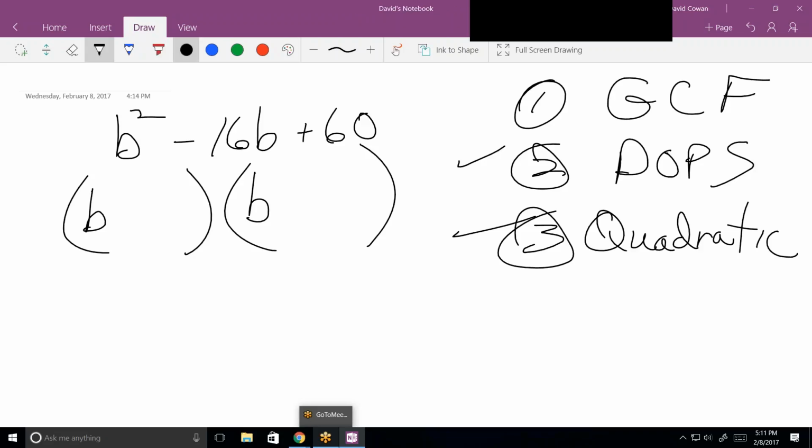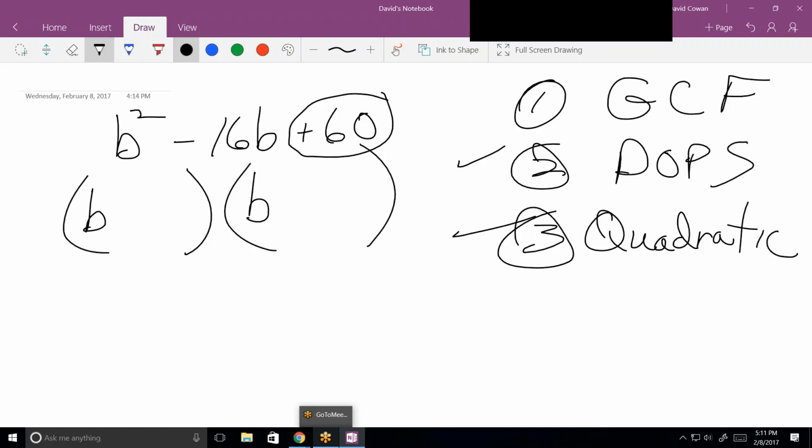Now, second step, determine both signs. In other words, do I have minus plus? Do I have plus minus? Do I have minus minus? Or do I have plus plus? You can determine all of that in one step. How can I produce a plus 60?